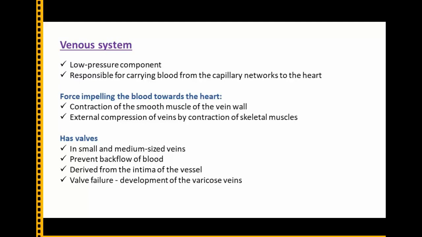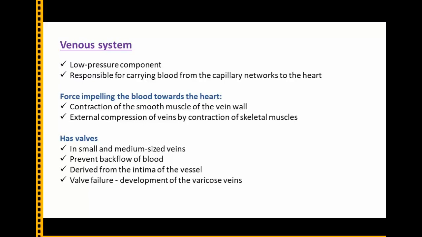When the surrounding muscles contract, they compress the veins and the blood in the veins is pushed towards the heart. So, the external compression of veins by contraction of skeletal muscles is more obvious in your limbs, extremities.